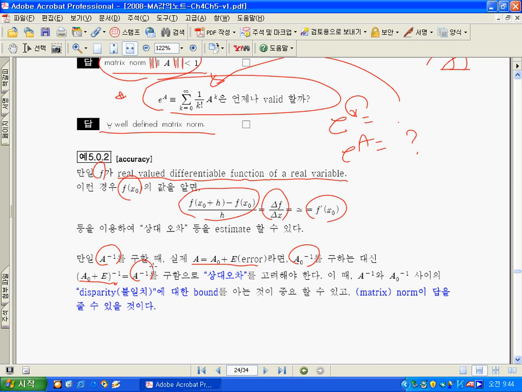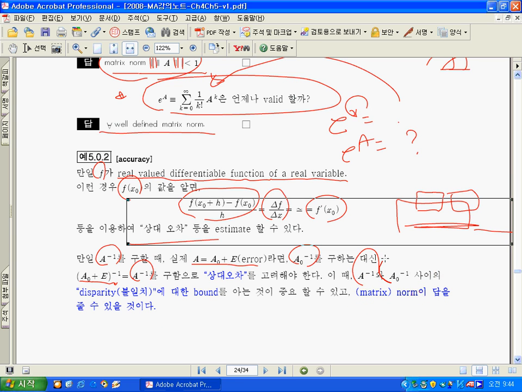But in order to proceed, we should know the difference between this and this. Then what will be the relative error and what's the disparity between these two? The matrix norm will give the answer for the difference of these two.